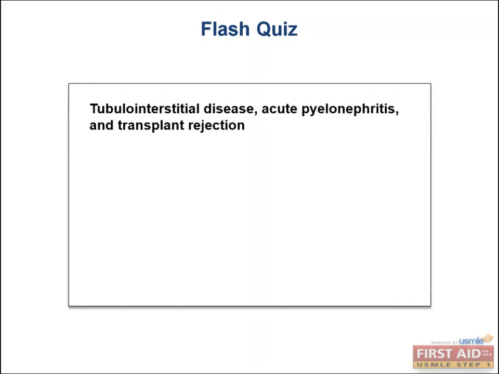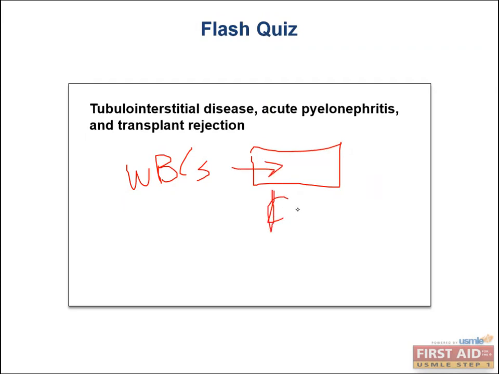The answer is tubulointerstitial disease, acute pyelonephritis, and transplant rejection. Now, in all of these diseases, white blood cells have been able to reach the lumen of the renal tubules.